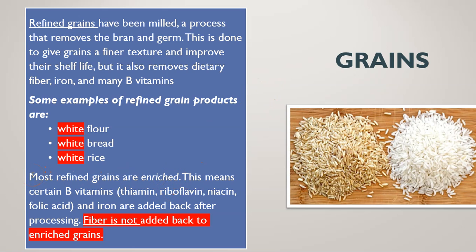With enrichment, certain B vitamins and iron are added back in, but fiber is not. So if you are opting for white bread, white flour, or foods made with white flour, white rice, all the whites, once again, you're just not going to get the same degree of fiber as you would with the whole grains.